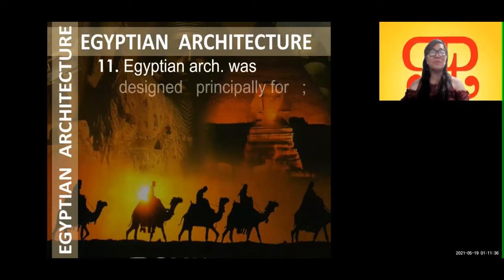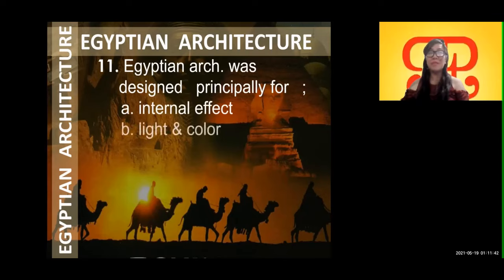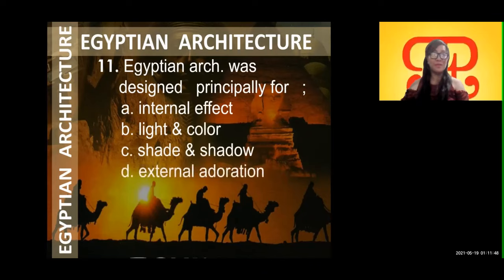Egyptian architecture was designed principally for, is it A, internal effect? Is it B, light and color? Is it C, shade and shadow? Is it D, external adoration? The answer here is, yes, it's for internal effects.